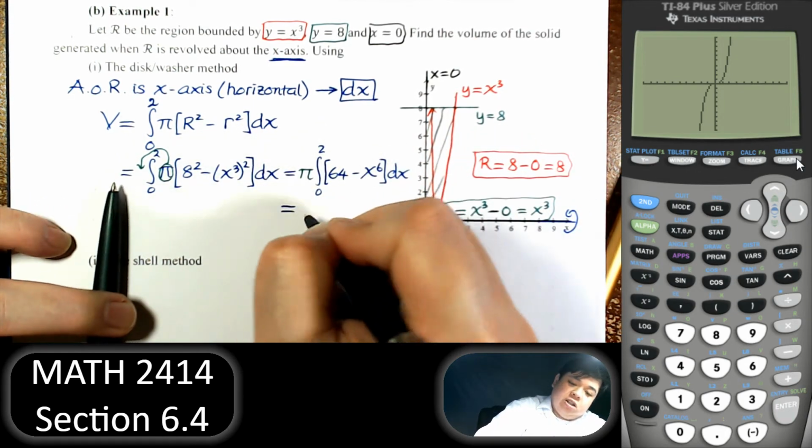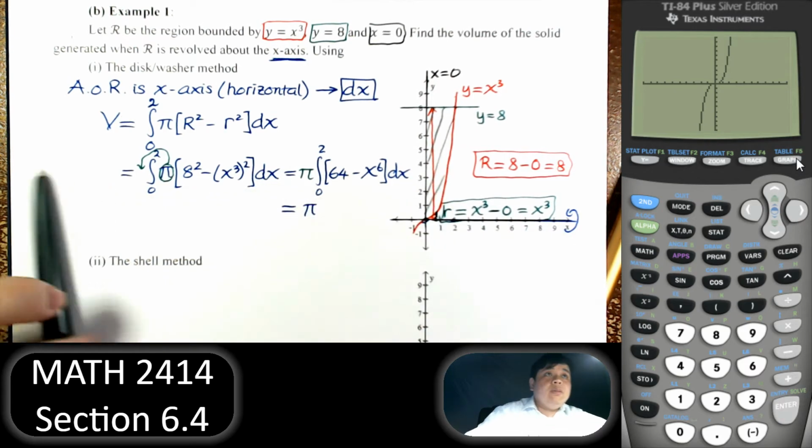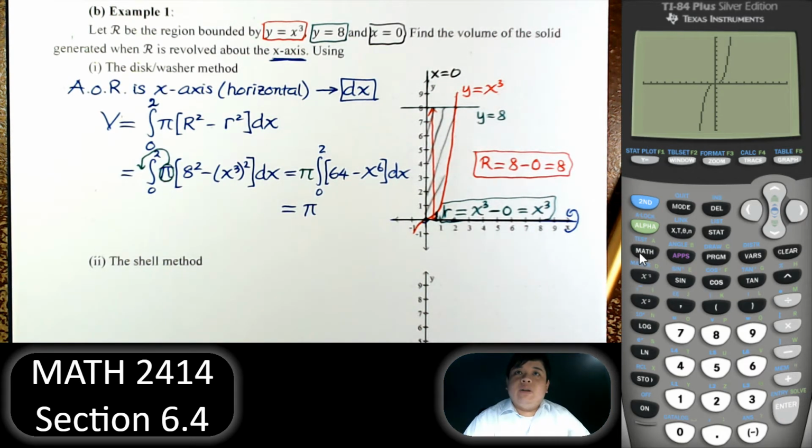I'll just get the answer here using the calculator: integral from 0 to 2 of 64 minus, I mean x to the 6, sorry, and then dx.